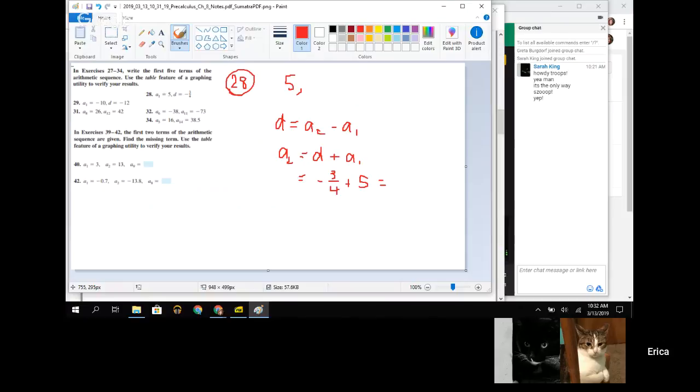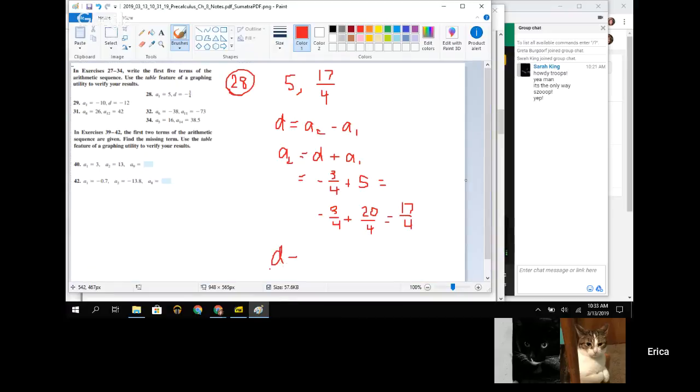Unfortunately, we get to have the joy of a fraction for that. So it would be negative 3/4 plus 20/4, which would give me 17/4 for my next term.